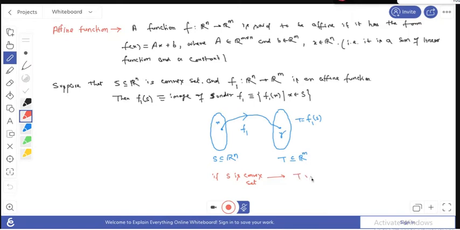So T is convex. Similarly, if we take another transformation, the image of S under F1.